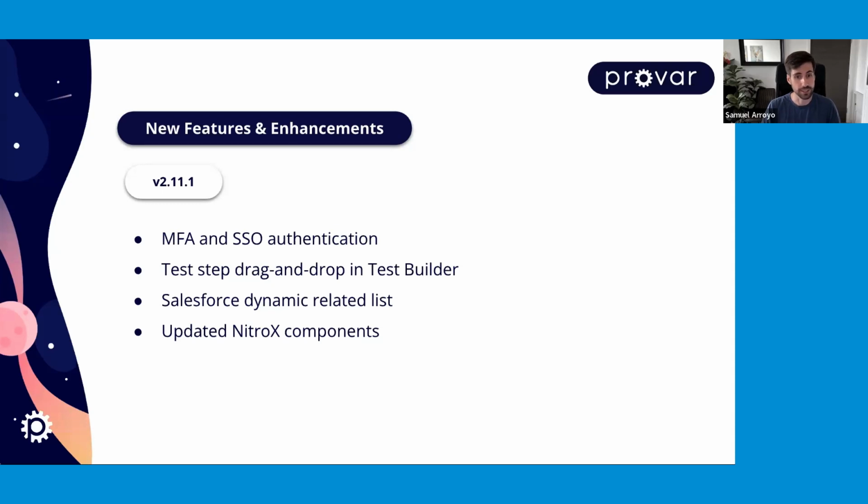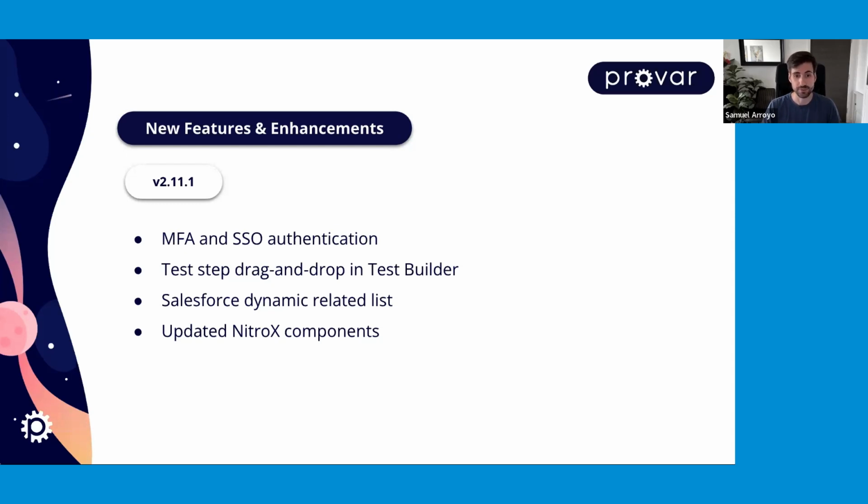We've continued adding support for Salesforce features. There were quite a few changes introduced by Salesforce on this latest release, which broke many of our test cases as we ran our massive regression test suite to see what works and what has changed. We realized many of the things in the DOM, how they're rendered, were changed, and we needed to quickly update Provar Automation to make sure that your test cases don't break.